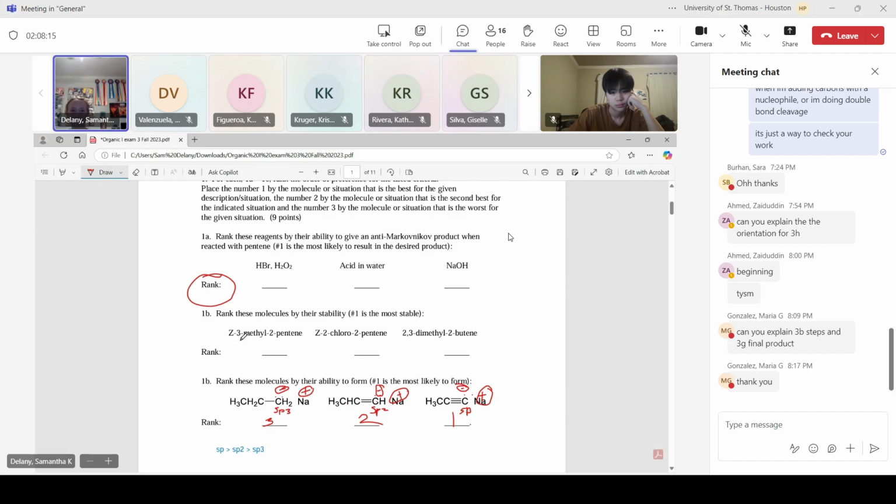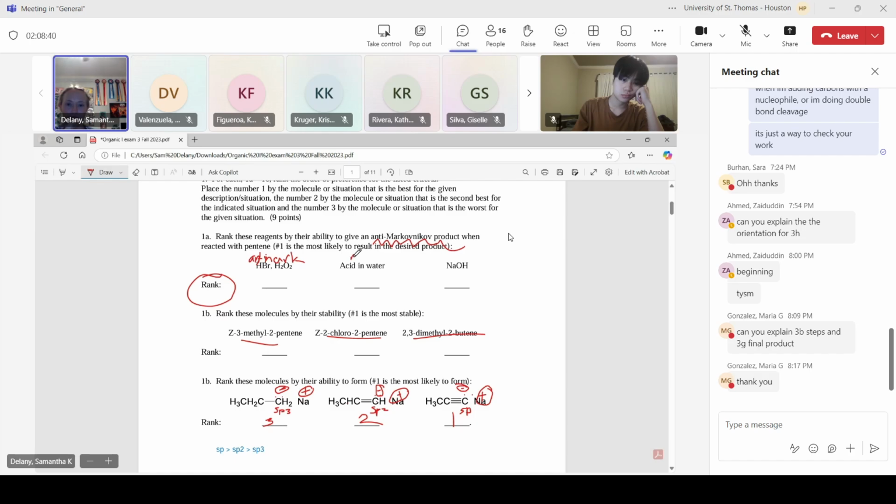We did a multiple choice like this, ranking alkene stability, and then this one's just making sure you know the terminology, which ones will give you an anti-Markovnikov product. And very obviously, this one is specific for anti-Markovnikov.